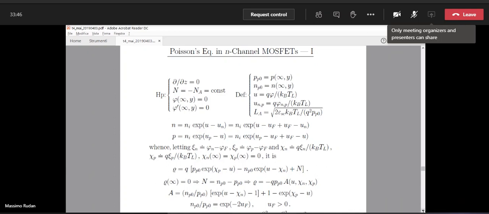In the calculations, it is preferable to consider the differences with respect to the equilibrium case. So in the exponent, we add and subtract uf. So in the second definition of the electron concentration, you observe that we have ni exponential of u minus uf plus uf minus un.